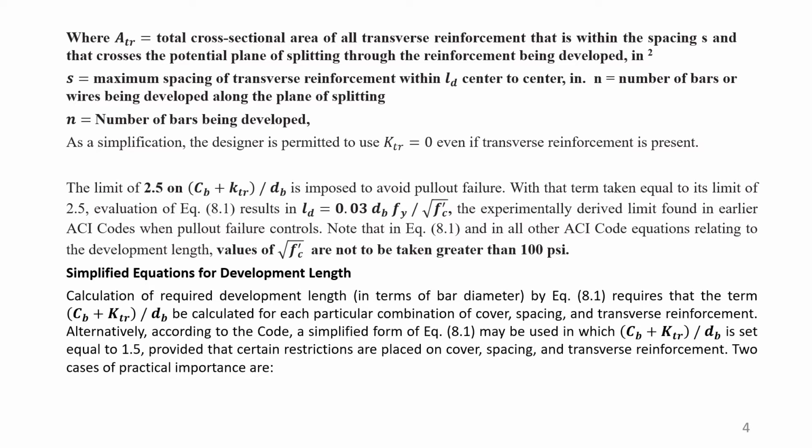S is the spacing in inches, the maximum spacing of transverse reinforcement. Stirrup spacing is the S value, where the spacing is maximum near the middle of the beam, or where the shear is less, the spacing is more, and that spacing will be taken in this case as S.